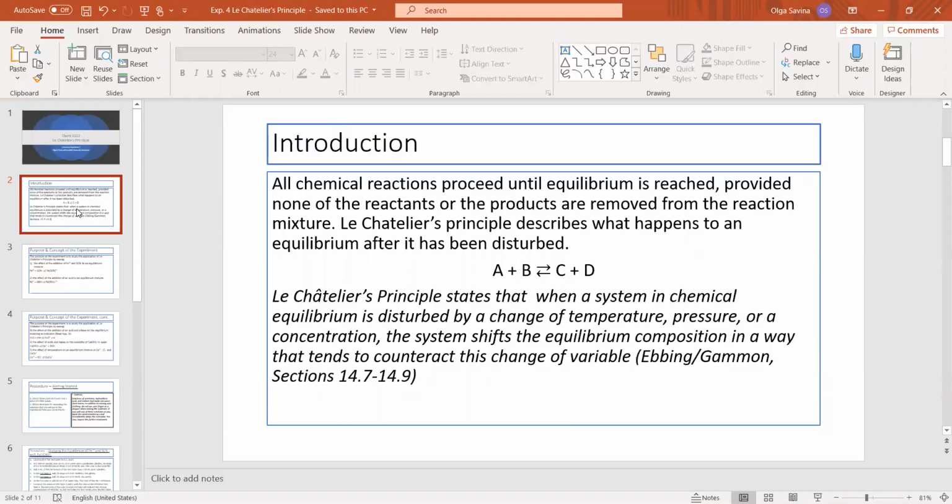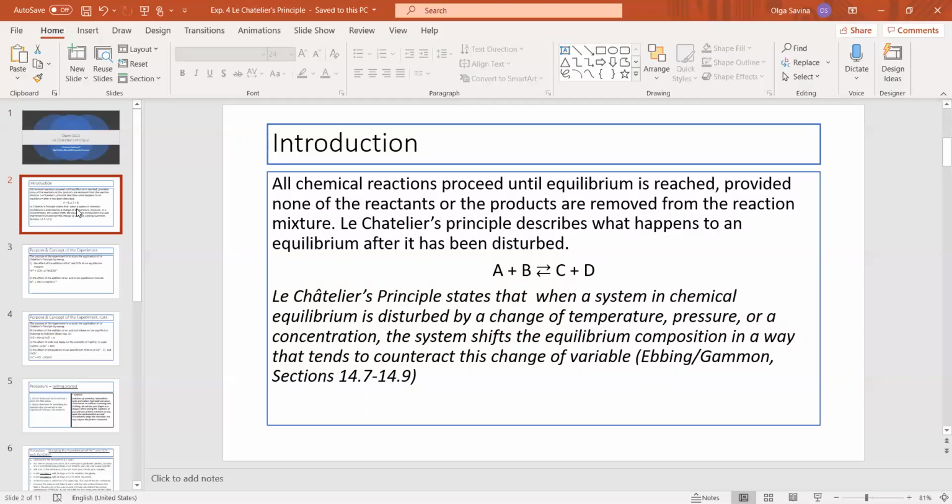We have to recall Le Chatelier's principle, which states that when a system in chemical equilibrium is disturbed by a change of temperature, pressure, or concentration, the system shifts the equilibrium composition in a way that tends to counteract this change of variable. That means the system will shift the equilibrium to compensate for the change.